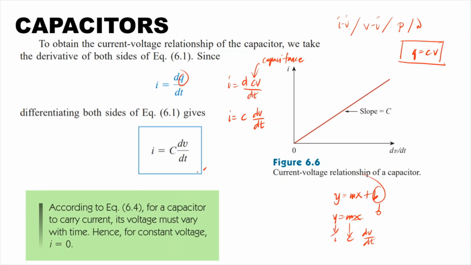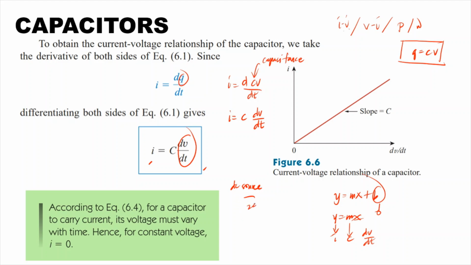Okay, so ano yung makukuha natin na conclusion dito sa equation natin ng current voltage relationship ng capacitor? So for a capacitor to carry a current, yung voltage dapat natin must vary with time. So kung ang ating capacitor ay connected sa DC source, usually, DC source ang ginagamit natin sa mga previous analysis natin.